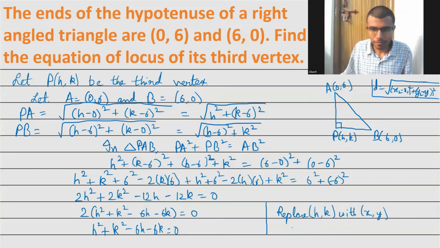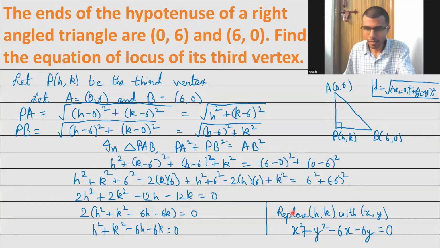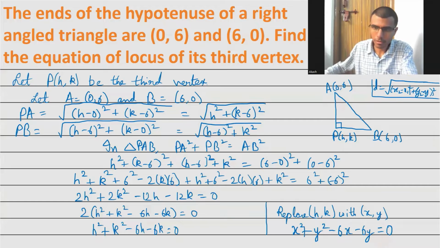So here, in place of h just keep x, and in place of k just keep y. x square plus y square minus 6x minus 6y is equal to 0. That's it. This was the required equation, and we are done.